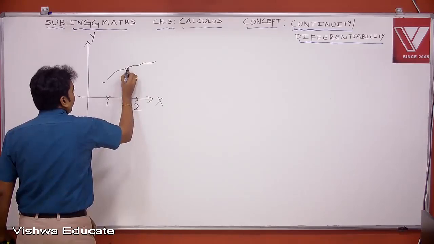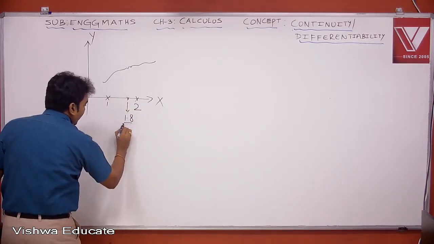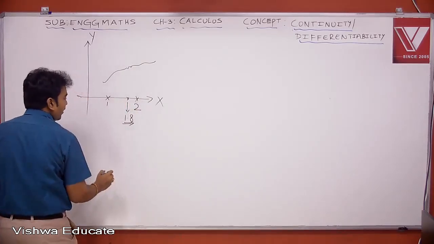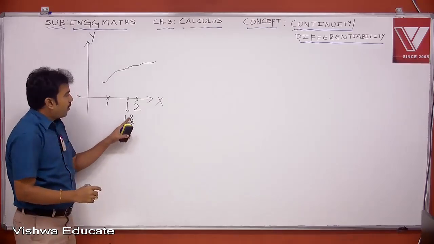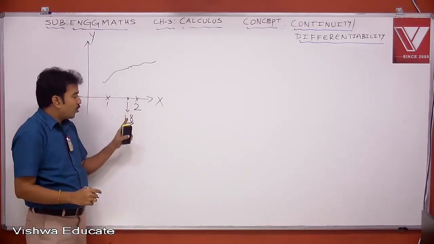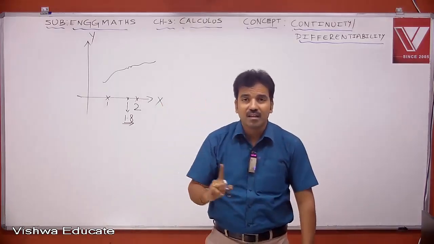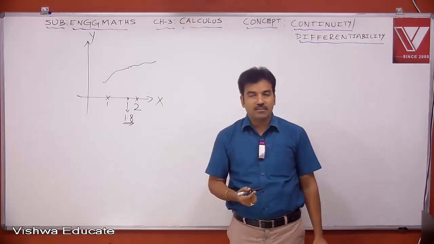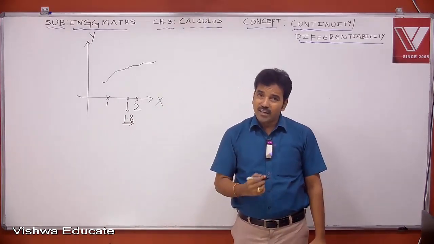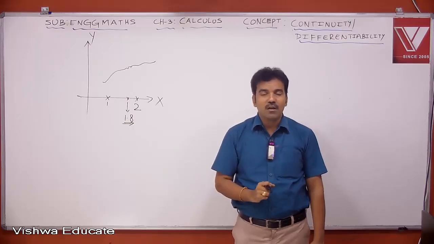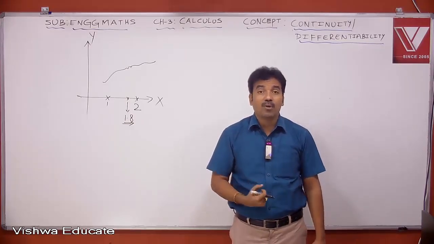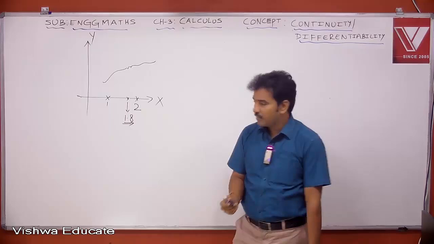Therefore the function has a break at this point, and luckily this point belongs to this interval. Because of this simple failure, only one discontinuity point, still we say that it is not continuous in this interval, right?